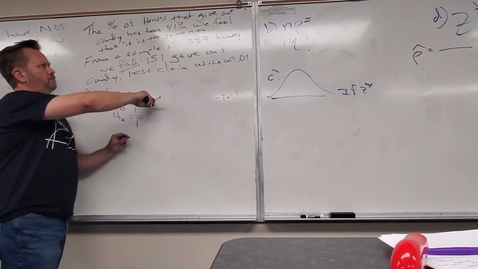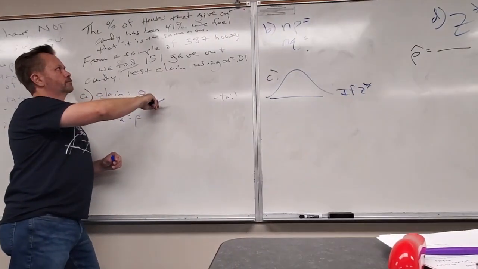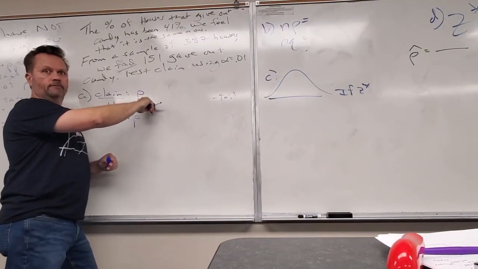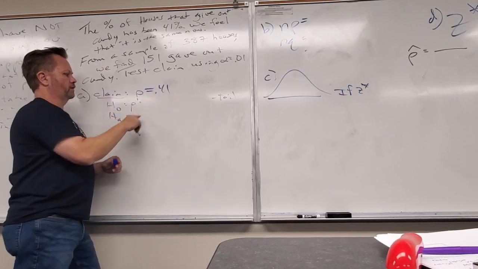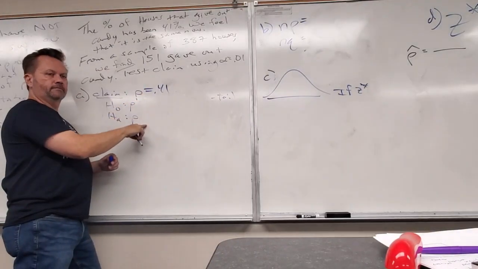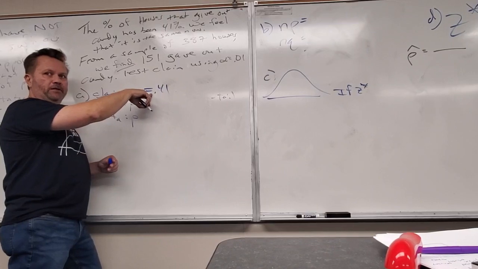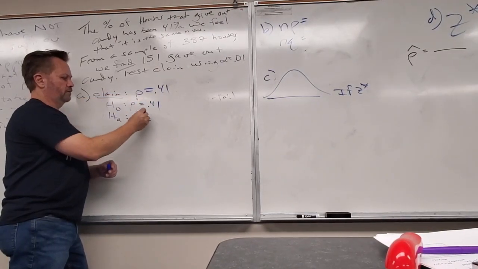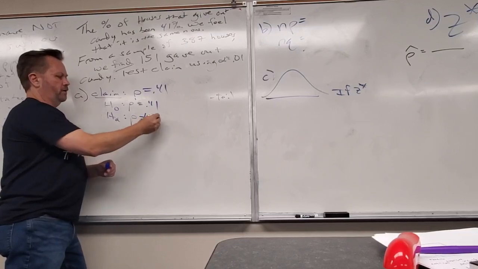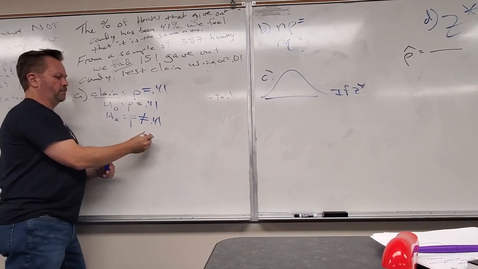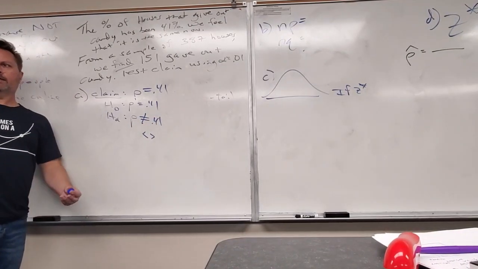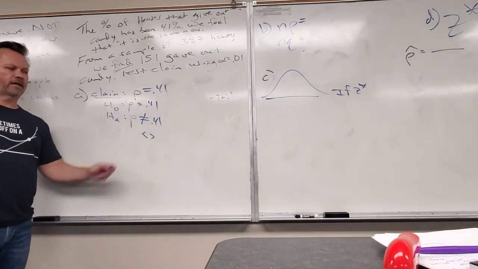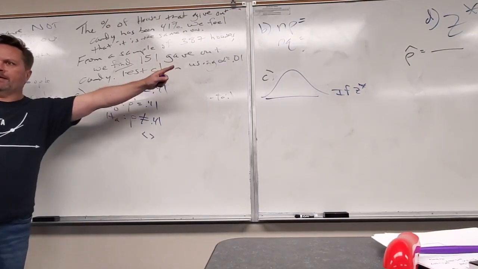So what's the claim? Equal 0.41, so where does that go? That one definitely has the equal sign in it, right? So what's the opposite of equal to? Not equal to. Real quick, back in the day we used to use this symbol, which actually makes more sense because it very directly tells you it's a two-tailed test.